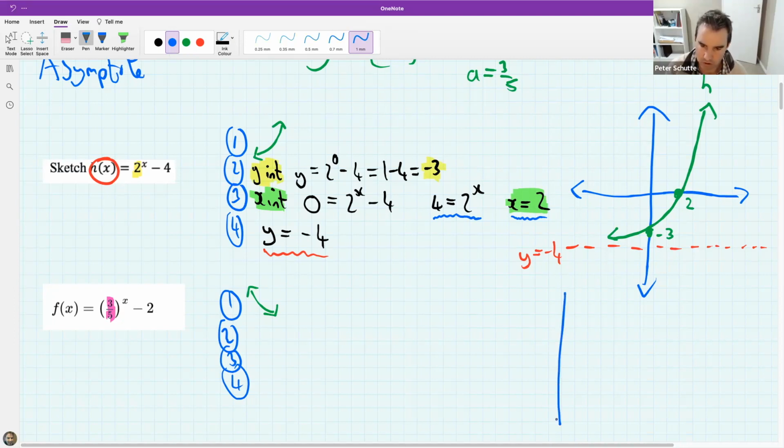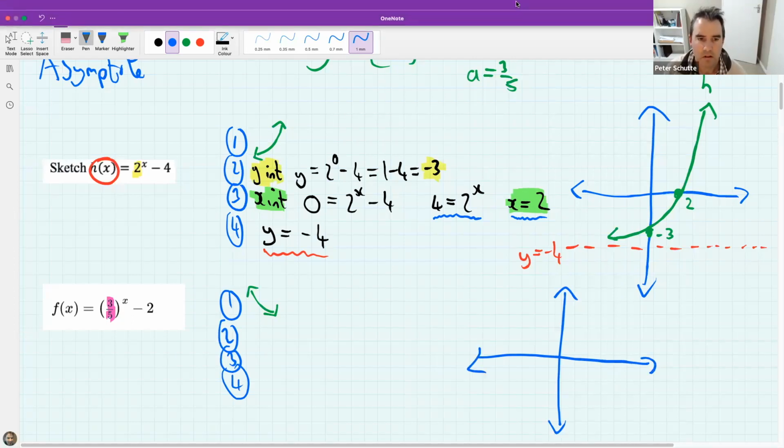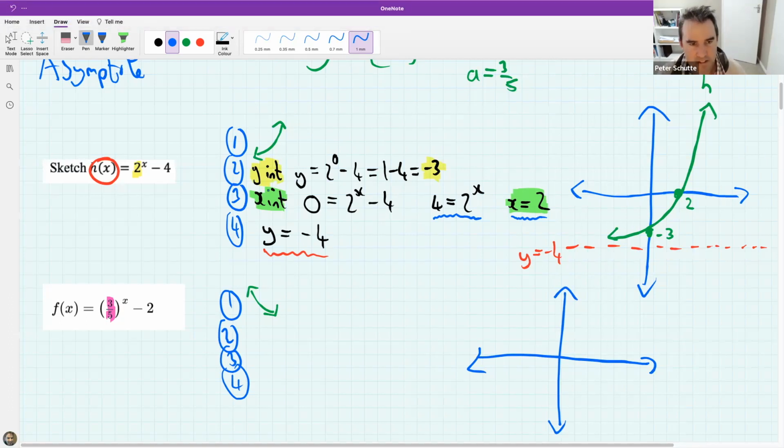Now you still need to do the working out and all that for the second one. So I see Anita said, so I see you have identified the shape, but why is it different to the one on the first side? Because of the positive fraction. Yes. What's causing the shape to be different is the fact that the base for the exponent is a fraction.